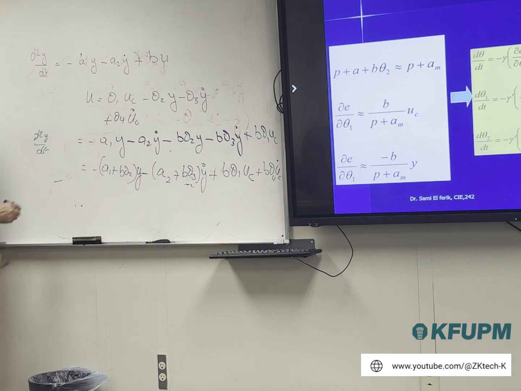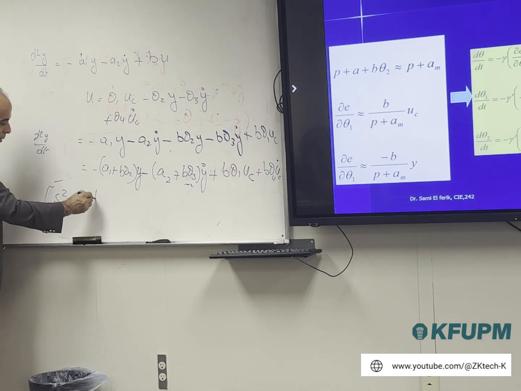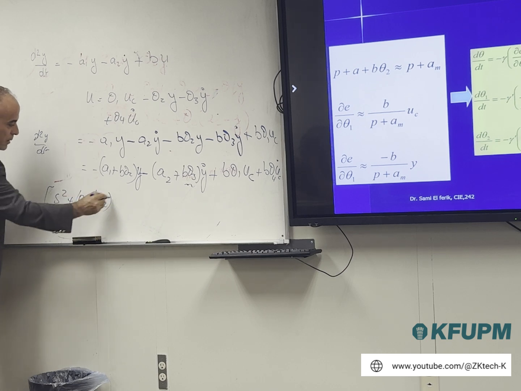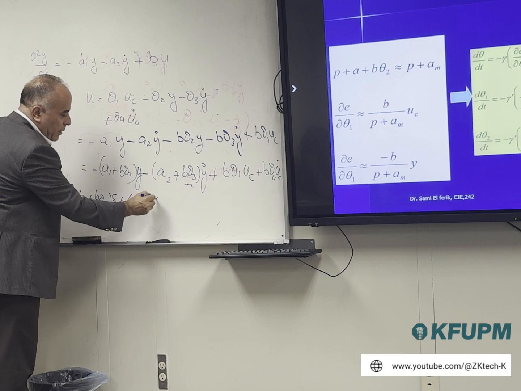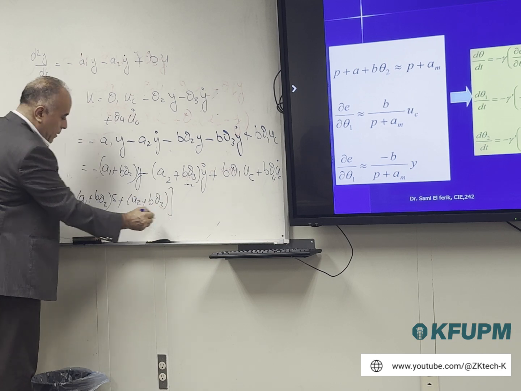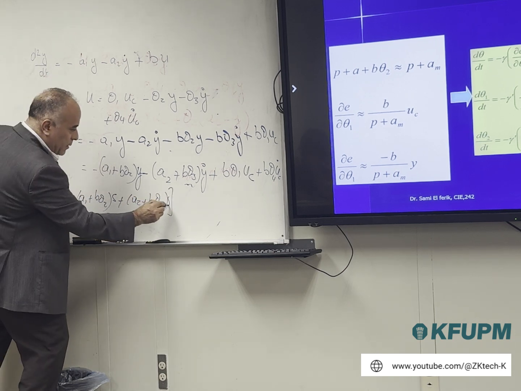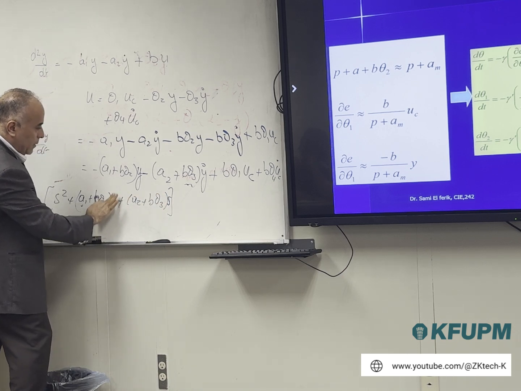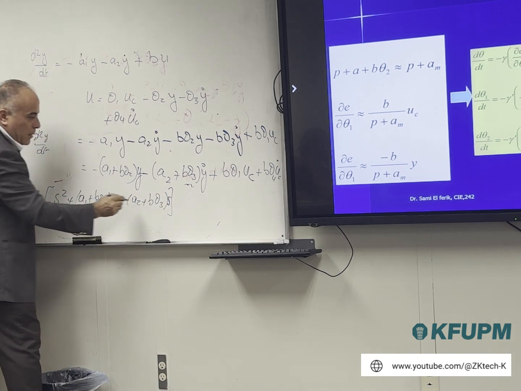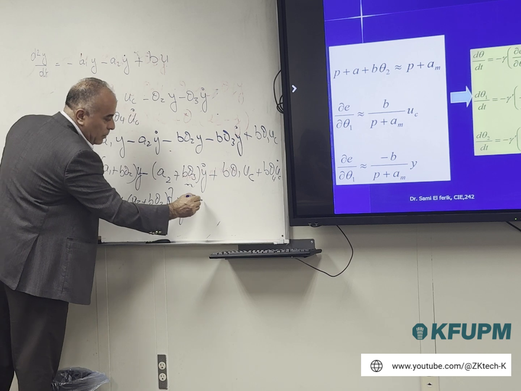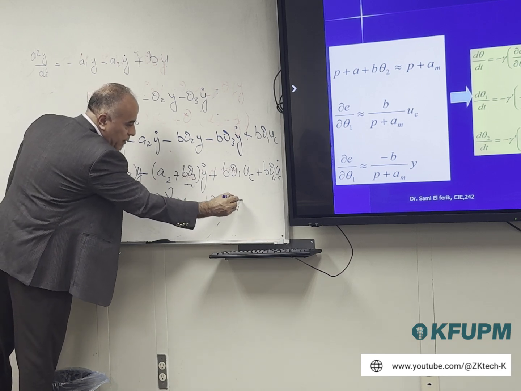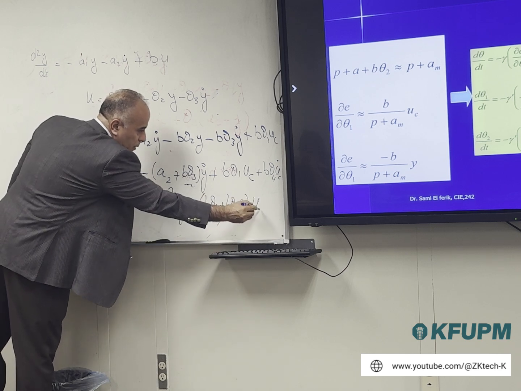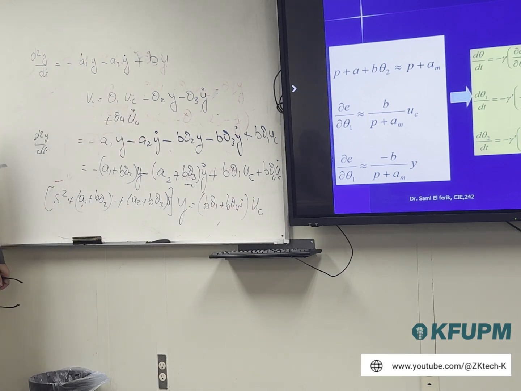So the denominator will be s squared plus (a1 plus b theta 2) times s plus (a2 plus b theta 3), and this multiplied by y is equal to (b theta 1 plus b theta 4 times s) multiplied by UC. So you will have a zero in the numerator.